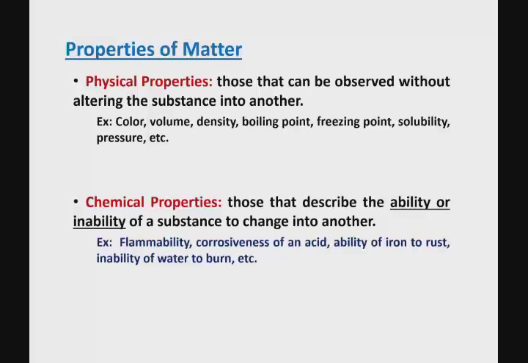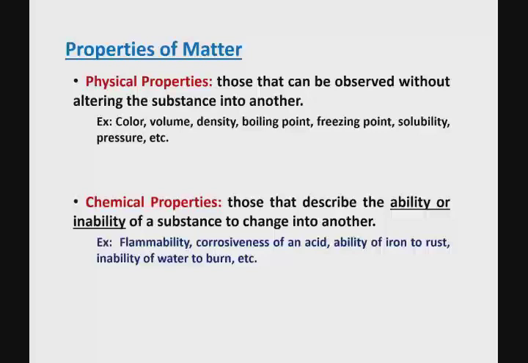iron rusts outside in air and water. That's its chemical property, because iron gets converted into iron oxide, which is commonly known as rust. Fuel that you pump into your cars is flammable. That's a chemical property of the fuel, because when the fuel burns, it creates new substances that did not exist before.